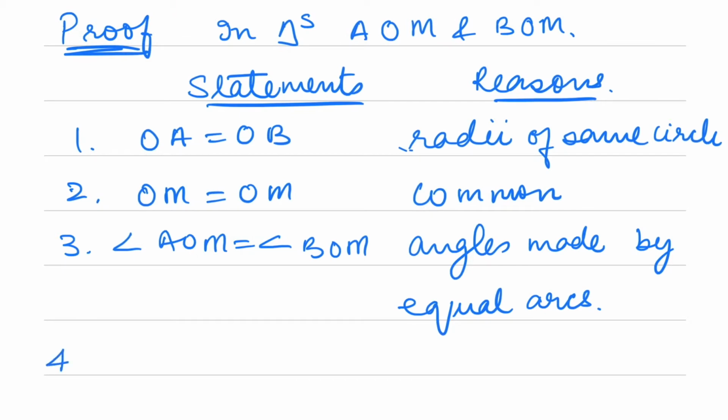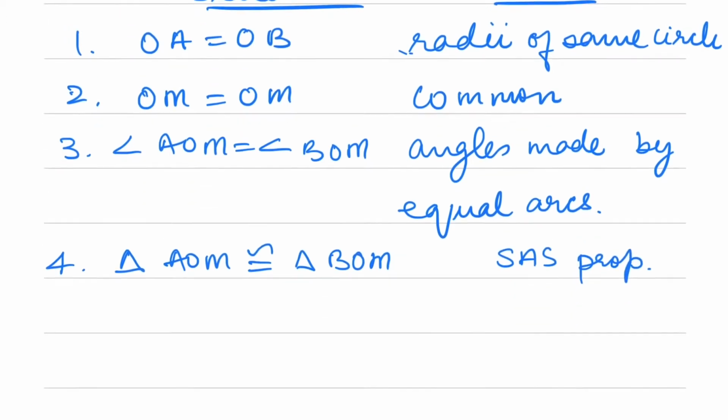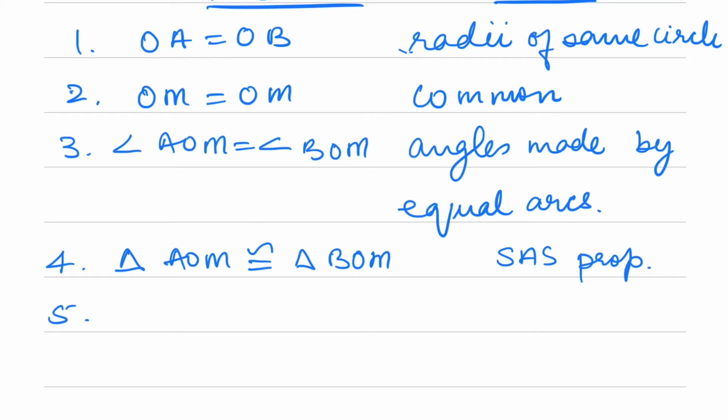Okay, therefore I can say that triangle AOM is congruent to triangle BOM by SAS property of congruency. Then therefore we can say that angle AMO is equal to angle BMO by CPCTC.